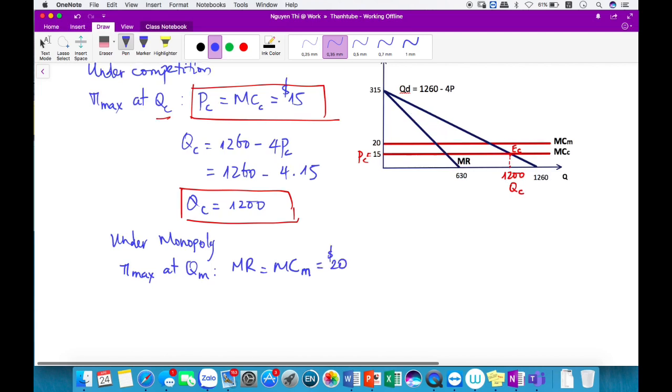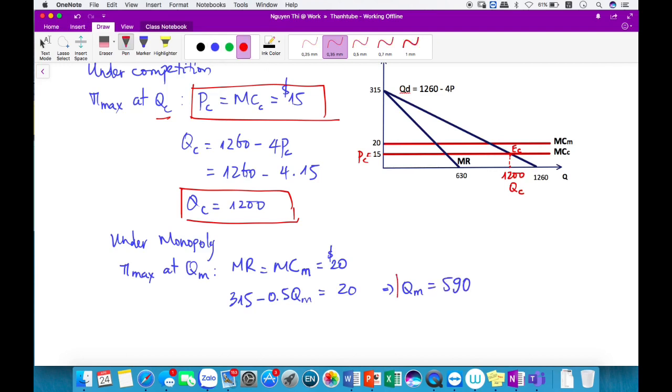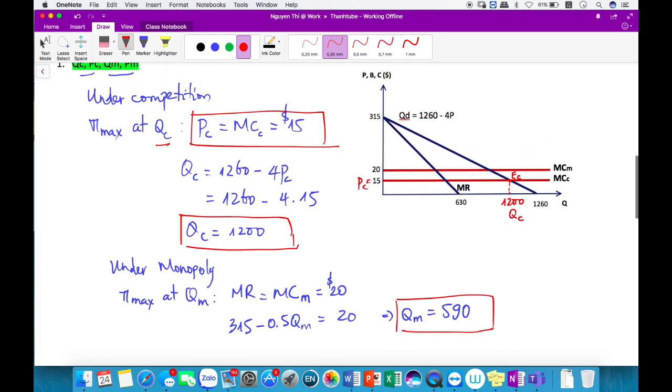And the marginal revenue function you have is 315 minus 0.5 QM equal to 20. Then you get QM equal to 590, right? So this is the output under monopoly. This will be from the intersection point here, marginal cost under monopoly and the marginal revenue.